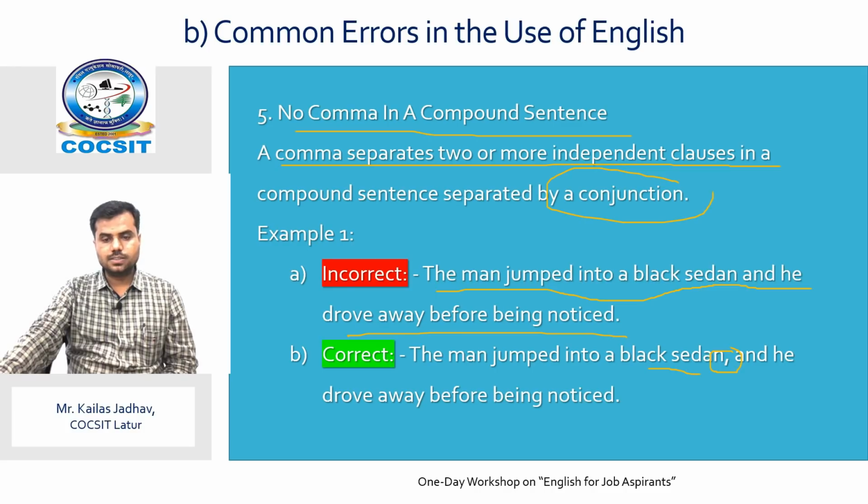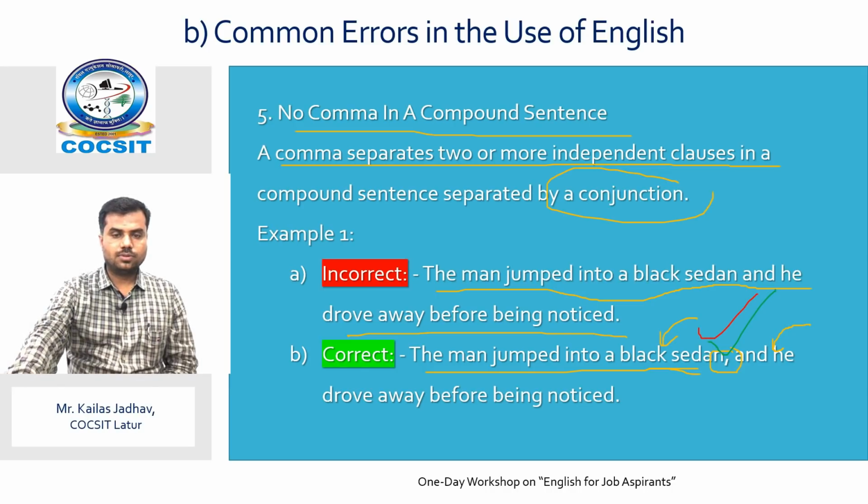What is expected is that when you read one part of a sentence which is complete in sense, and you are talking about another complete part, and you want to add it to the earlier part, you have to make use of a comma here.